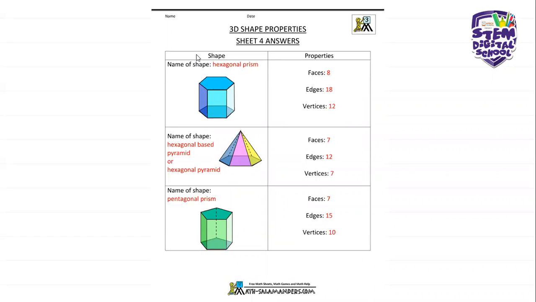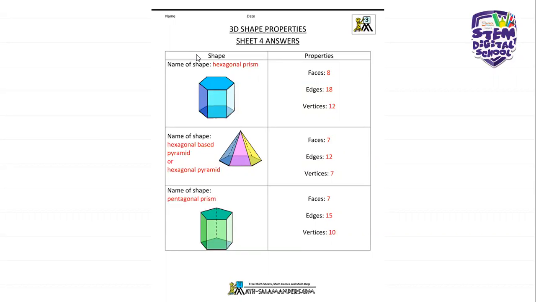Right, just to carry on with the hexagonal pyramid, just to demonstrate that this is different from the hexagonal prism in a sense that the top part is different. You can see that that is a pyramid.